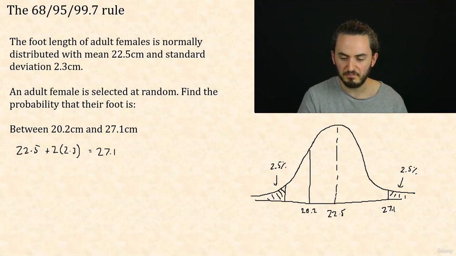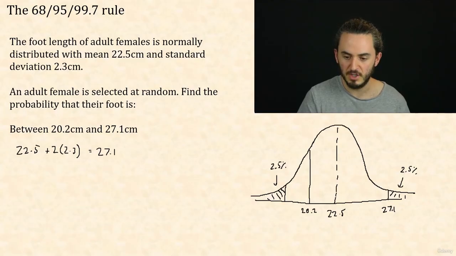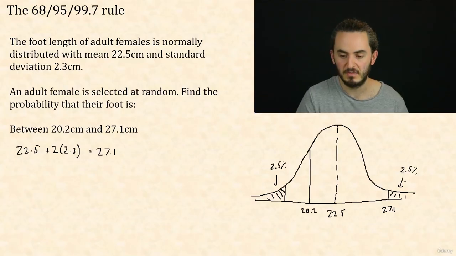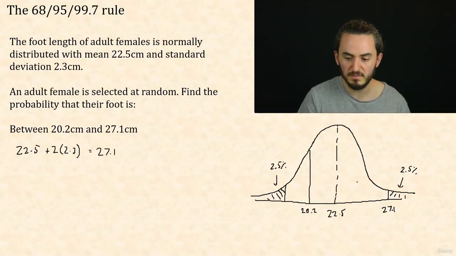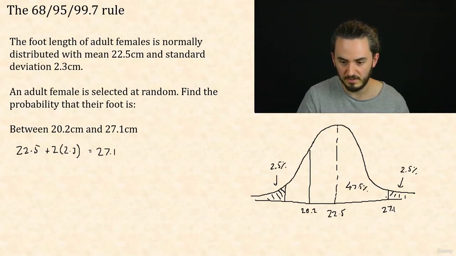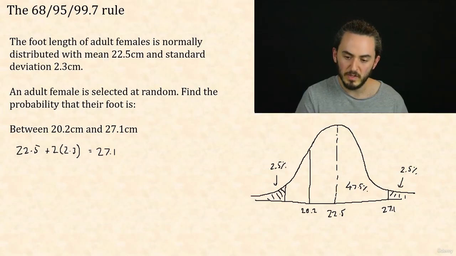Let's use the symmetry of the normal distribution. This whole right-hand side is 50%, because there's 50% here and 50% here. If we've got 2.5% there, it means this region here is 47.5%. That's this half of it. Now, we also want to add in this region here.